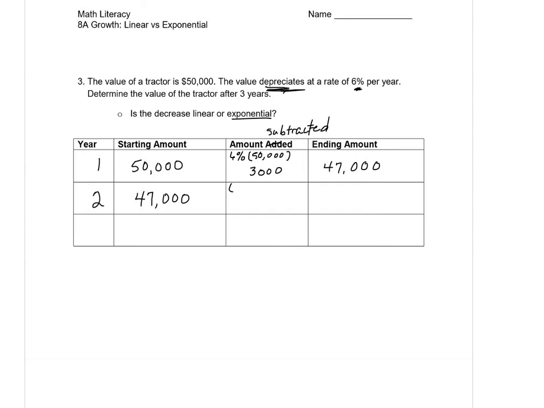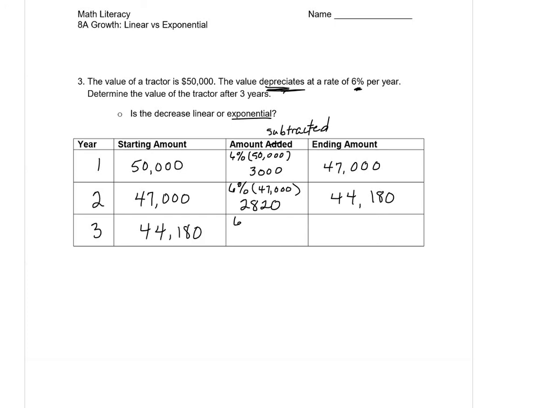So I take 6% of that, and I have 2,820. So that's 44,180. And then that's the beginning amount for year 3.